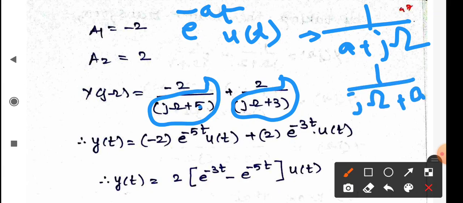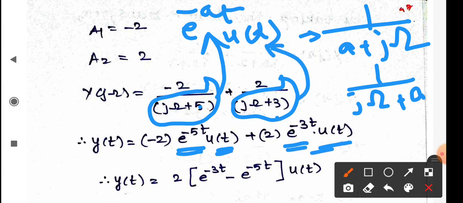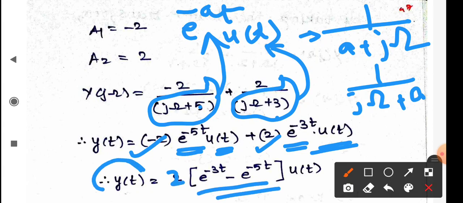So if I want to take the inverse Fourier transform of this, it will be e raised to minus 5t u of t. For this, it will be e raised to minus 3t u of t. This minus 2 and this 2 are constants. Let me take them outside. What remains inside is this particular thing. Hence the output response of my system is this.